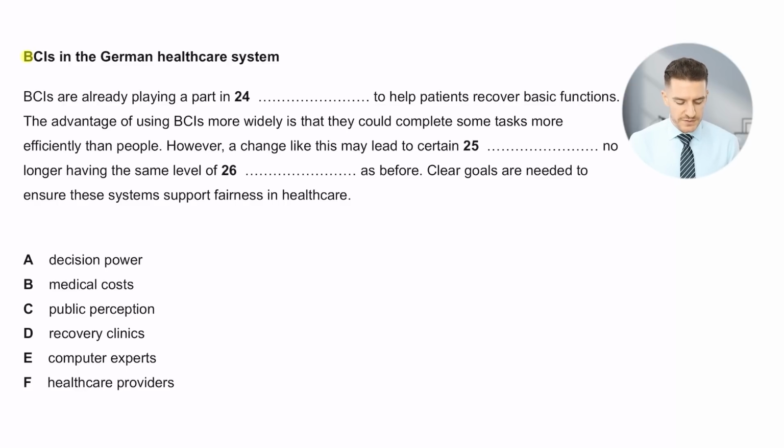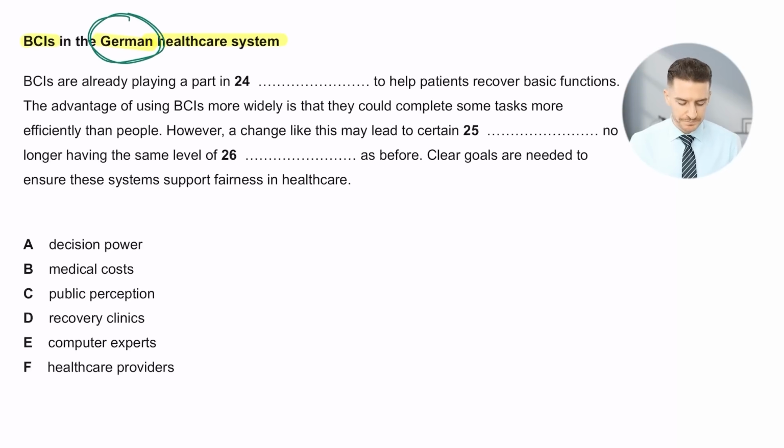Now, the title says BCIs in the German healthcare system, and you should already know exactly where that was, because remember, we looked at this example of the BCIs being used in a German, I can't remember, a hospital or something to help patients. So it's probably going to be in that same area.